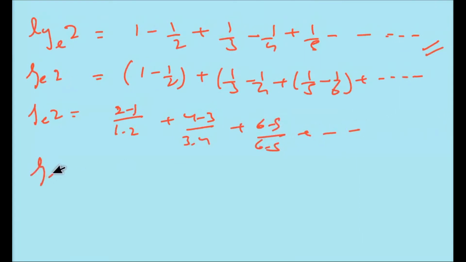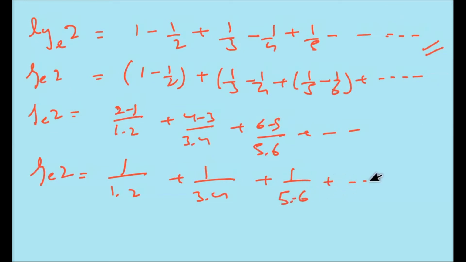So we get log e base 2 equal to 1 upon 1 into 2 plus 1 upon 3 into 4 plus 1 upon 5 into 6, so that it is suitable for learning. So this also you have to write.